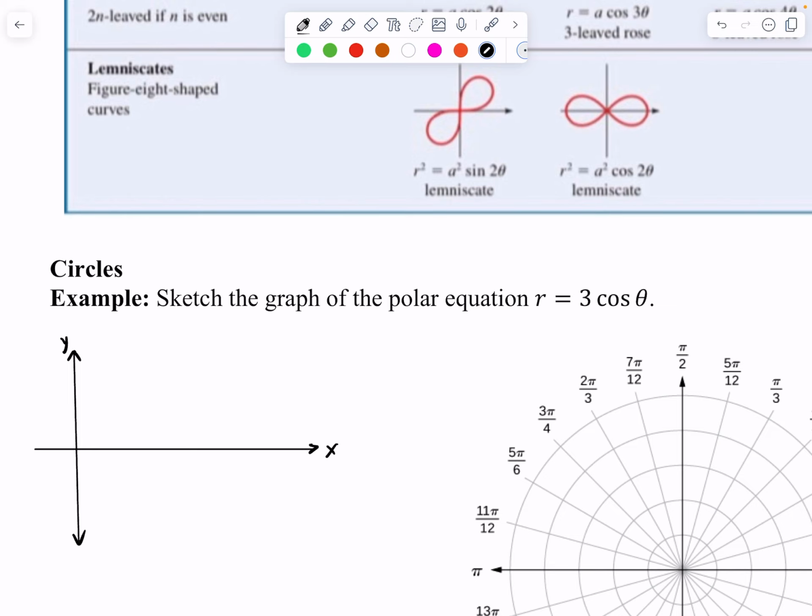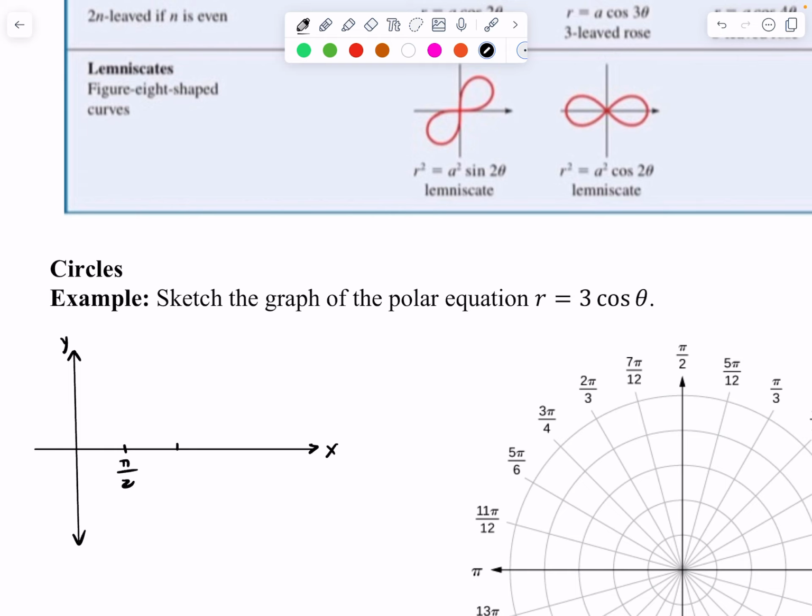And so then we can think about, for different angles, what would the value of r be? R would end up matching the values of y for the graph of y equals 3 times cosine of x. So that's cosine vertically stretched by a factor of 3.